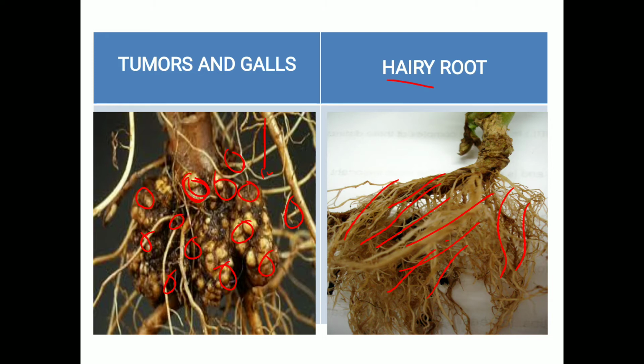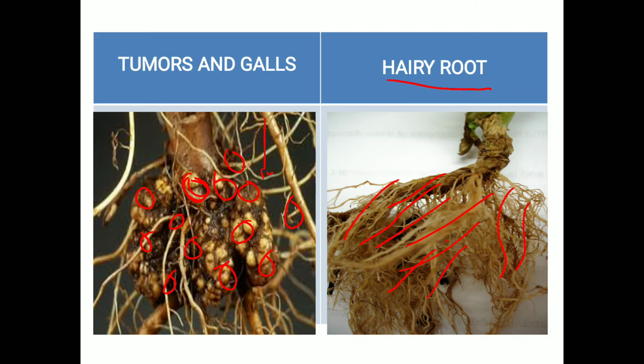Next one is hairy root. Fine, numerous hair-like structures are observed on the roots due to the attack of mostly bacteria, or sometimes virus or fungus. Because of that, such numerous fine hairs are not capable of absorbing the nutrients or water required for the plants.